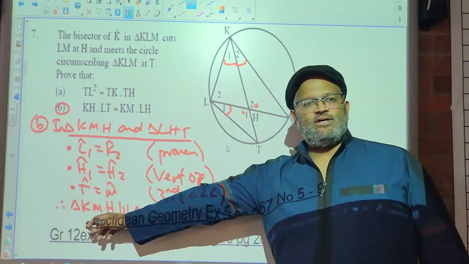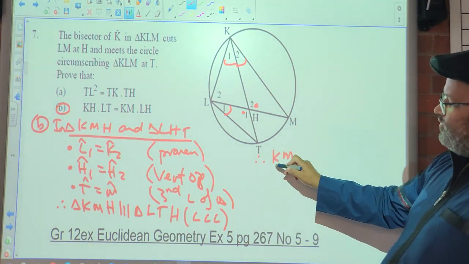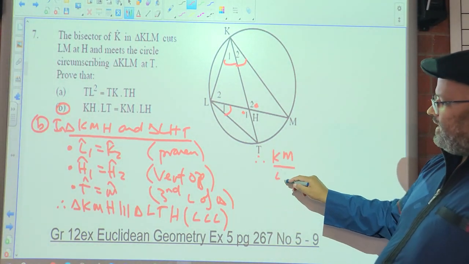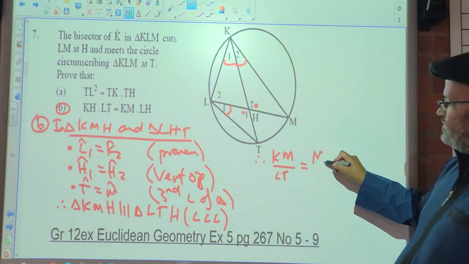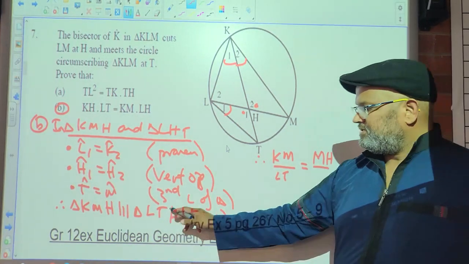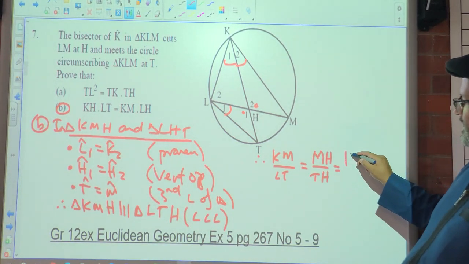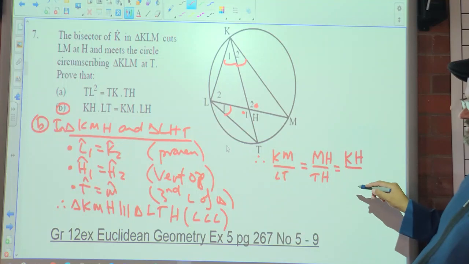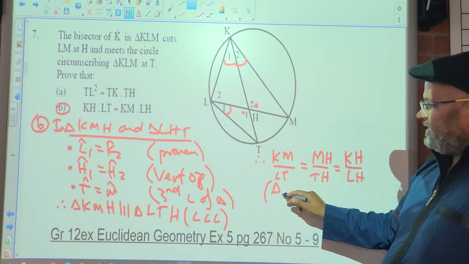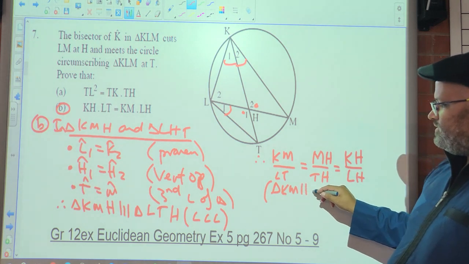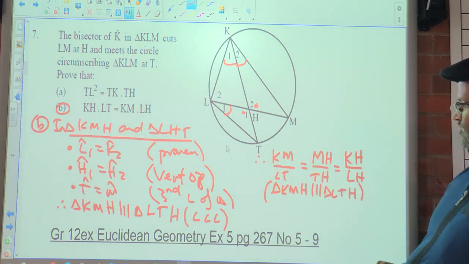Now I can go with the ratios. So therefore, KM over LT is equal to MH over TH, equal to KH over LH. Why? The triangle KMH is similar to triangle LTH.